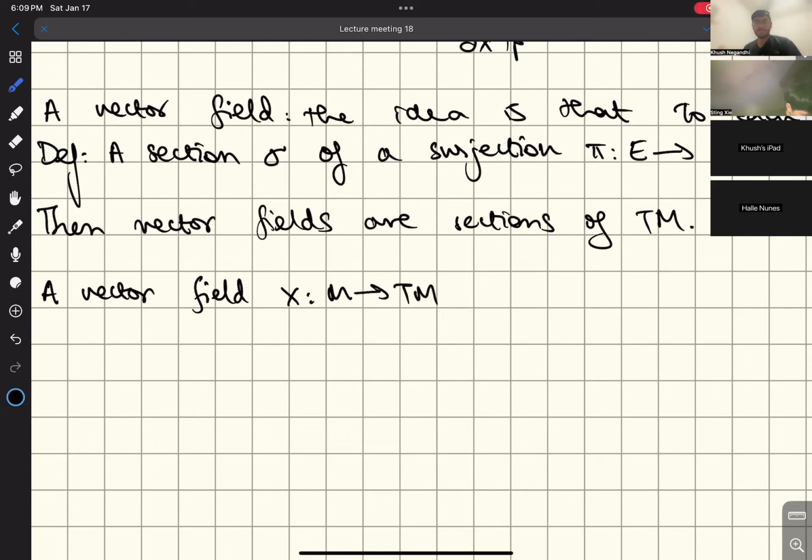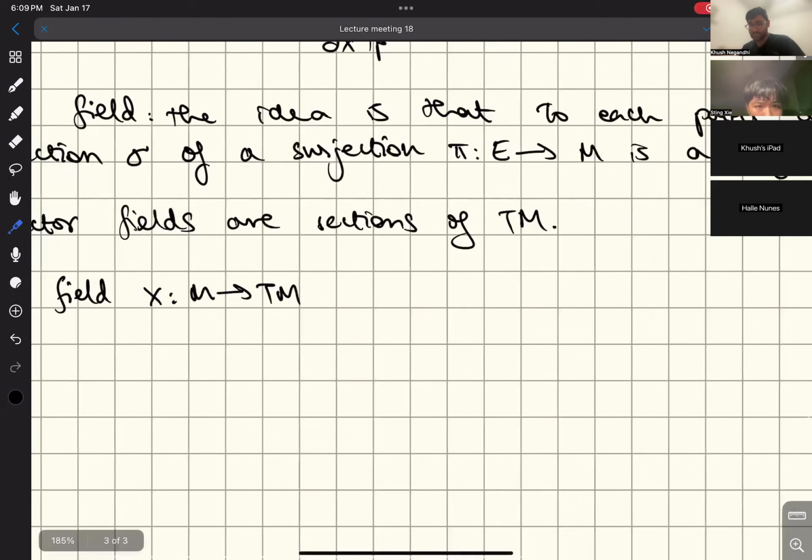A priori, vector fields may not be smooth, they may not even be continuous. Again, we can talk about the continuity of a vector field by looking at if it's a continuous map from here to here. But we can also talk about it in terms of coordinates.